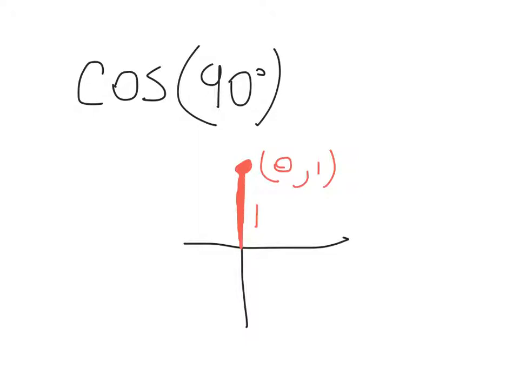All I need to remember is that on the unit circle, the cosine is the x-coordinate, so therefore the cosine of 90 degrees is 0. It really is that simple if you have that understanding of cosine of theta and sine of theta as x and y coordinates on the unit circle.